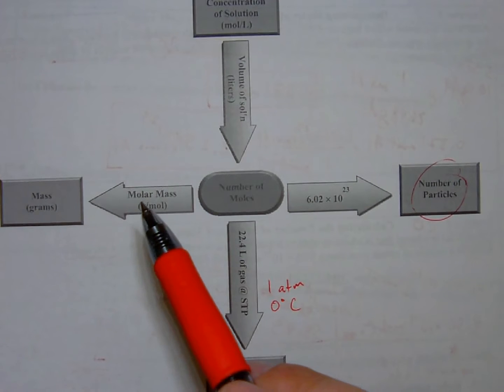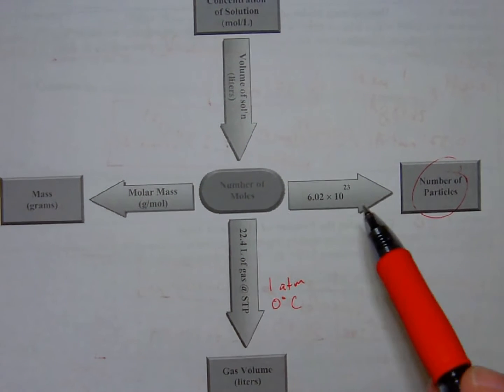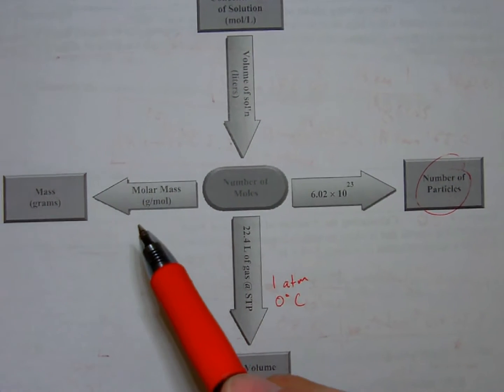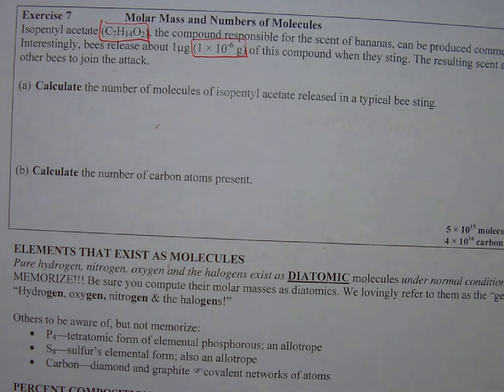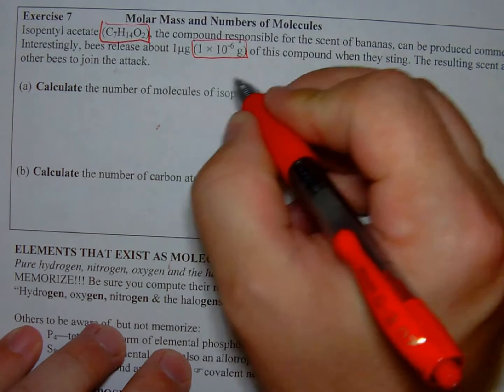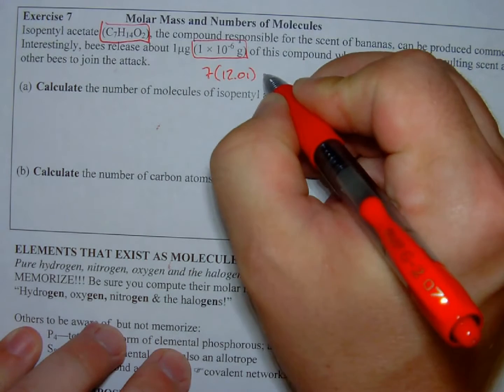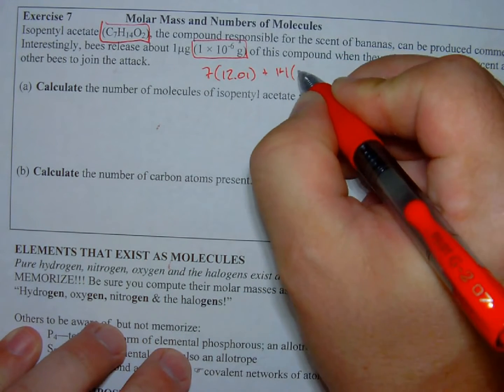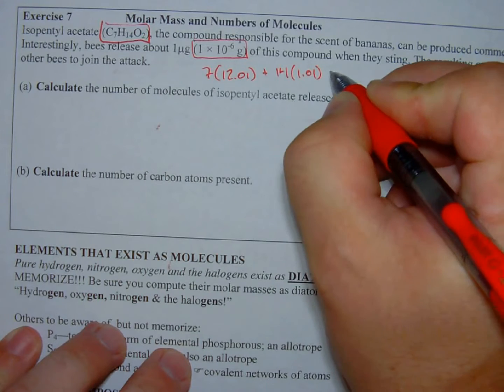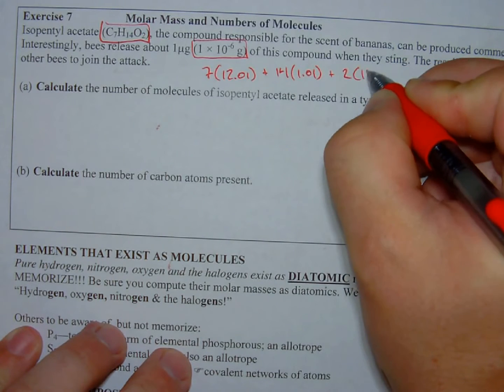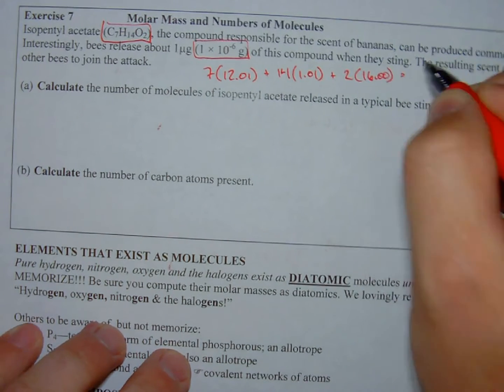So we're going to use the molar mass of the substance and Avogadro's number. If we're going to start by using the molar mass of the substance, we better calculate the molar mass of the substance. So there are 7 carbons, 14 hydrogens, and 2 oxygens.